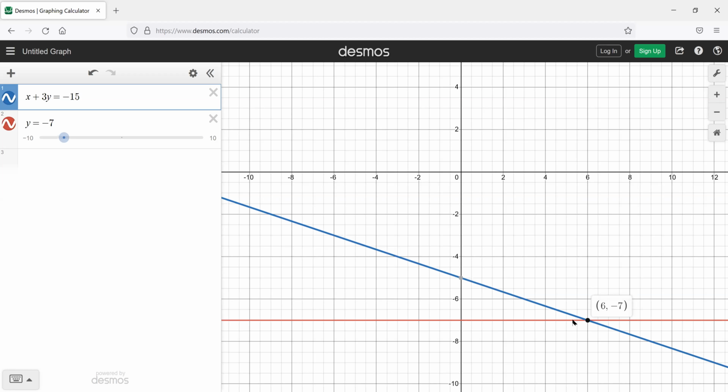I'm just retyping it. x plus 3y equals -15. x plus 3y equals -15. Y equals -7. Okay, well, I don't know what's up, but now it's doing it. So I got it now.